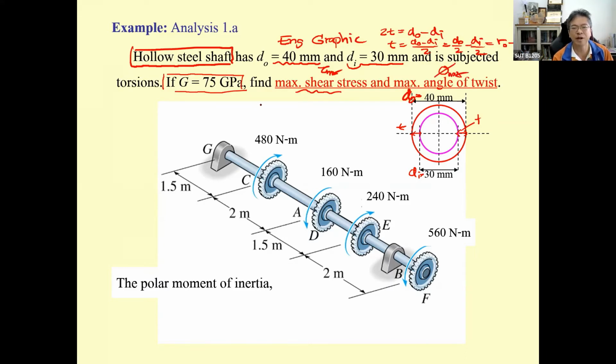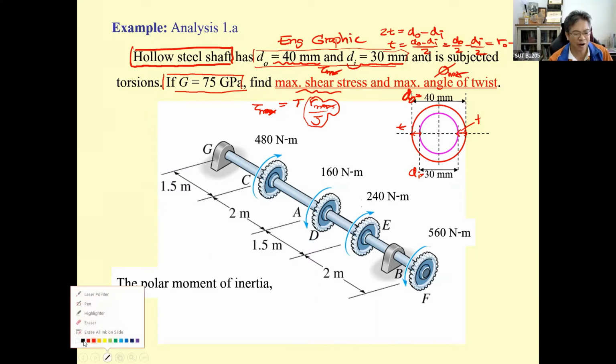Okay, when we are talking about the tau max, you can see the cross section of the shaft is going to be the same. So the tau max will use T times r max divided by J. Since the radius and the J are constant across the shaft, the tau max will be based on the torsion T max, and this is going to be the internal torsion.